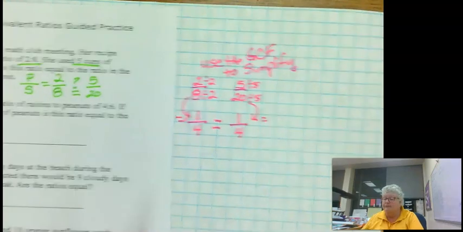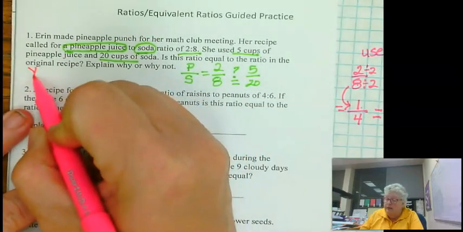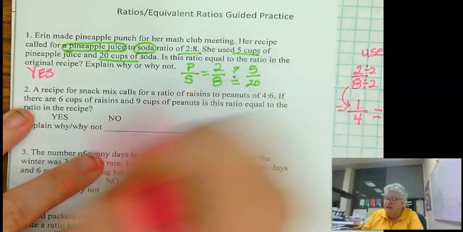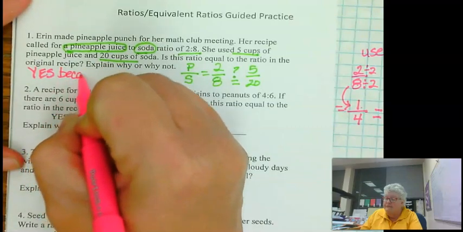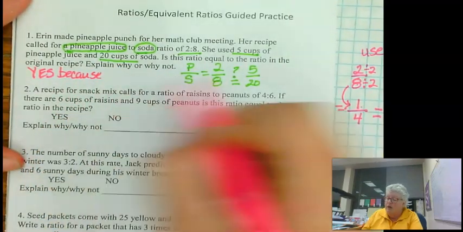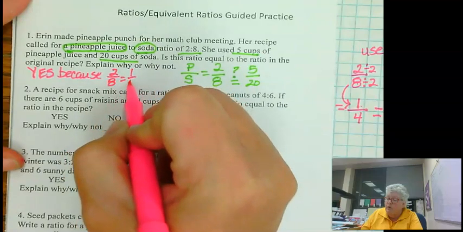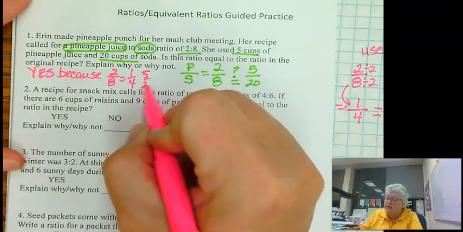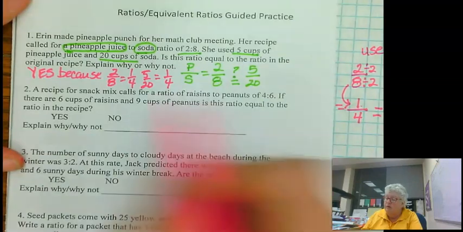So guess what? Back over here on our paper, we're going to put yes, because it says, is this ratio equal? Yes, explain why. Because 2 to 8 equals 1/4, and 5/20 equals 1 to 4.